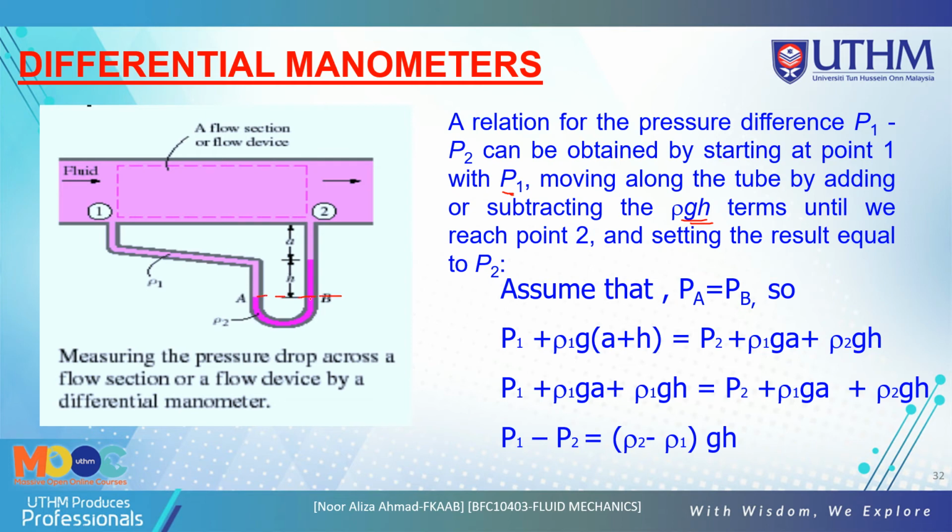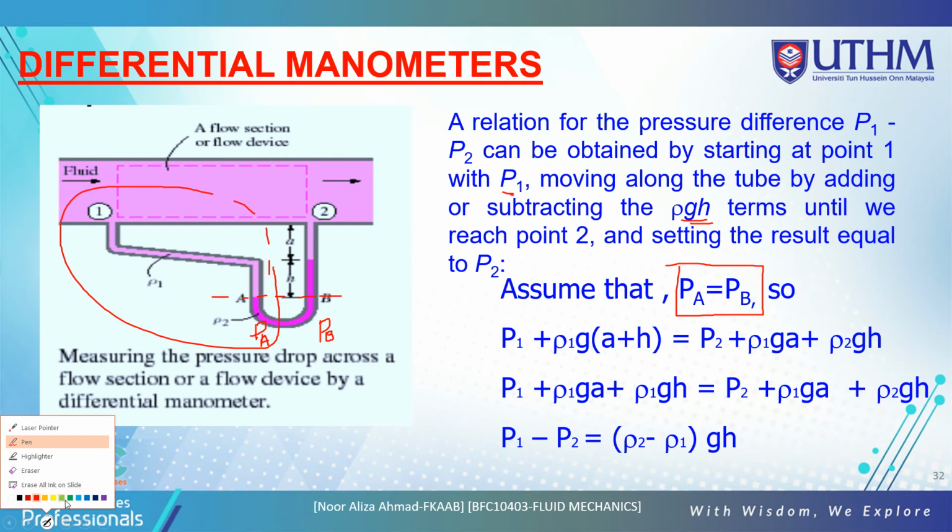You can use Pascal's law, so you put that the pressure at point A is equal to the pressure at point B. That's why we use the pressure at point A equal to the pressure at B. Now we look at the pressure at point A first, and the pressure for B is included here, so PB.